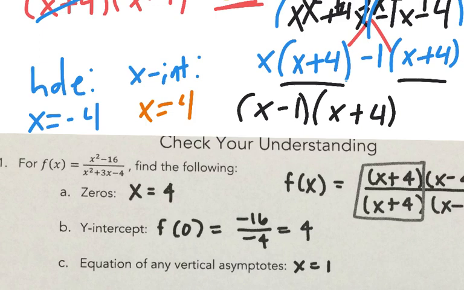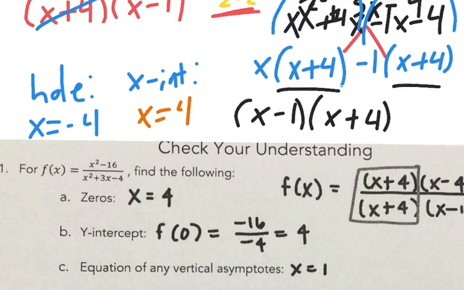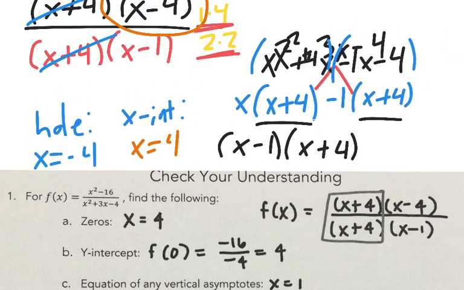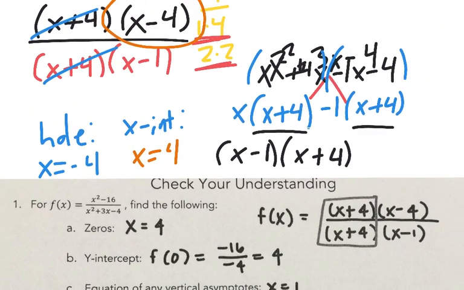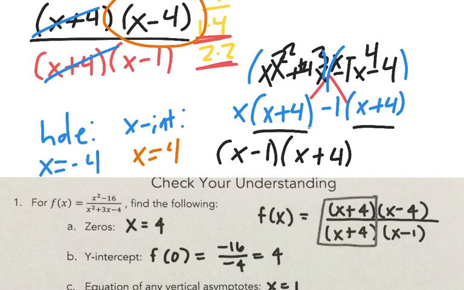And now, where are the holes in the graph? We haven't talked about how to do this specifically yet, but we can. We know the x value of the hole, but we don't know the y value. So here's how you can find it. Think about up here, my factored form.